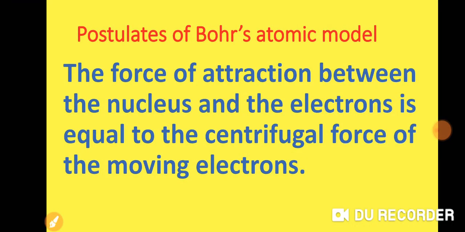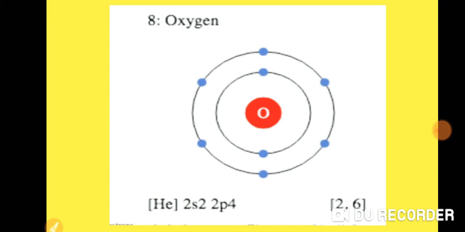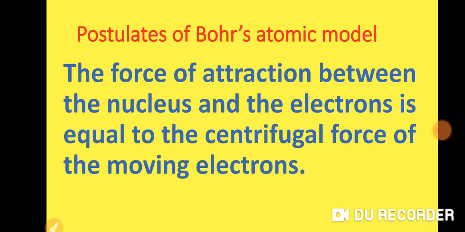Now the next postulate: the force of attraction between the nucleus and the electrons is equal to the centrifugal force of the moving electrons. What is the reason that electrons are not falling on the nucleus? Since the nucleus has a positive charge, electrons should fall on the nucleus. But what is the reason that they are not falling?